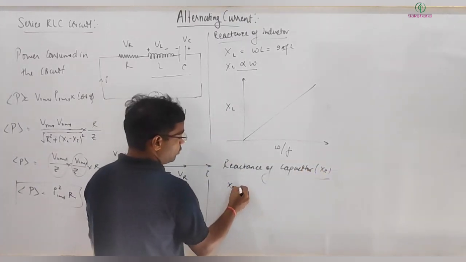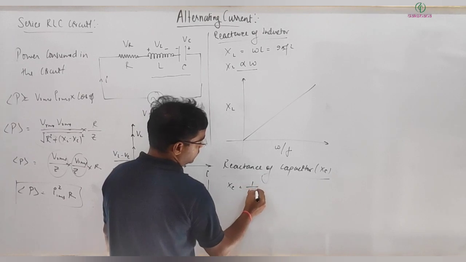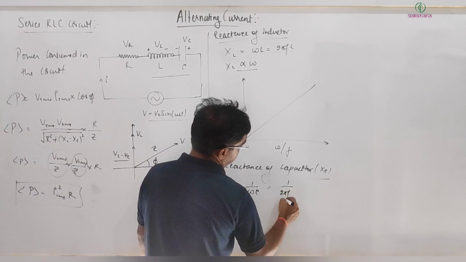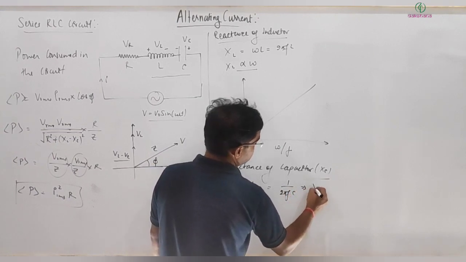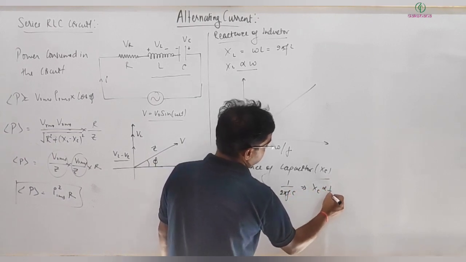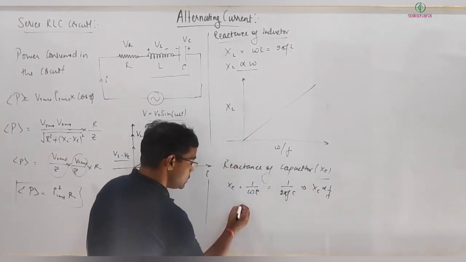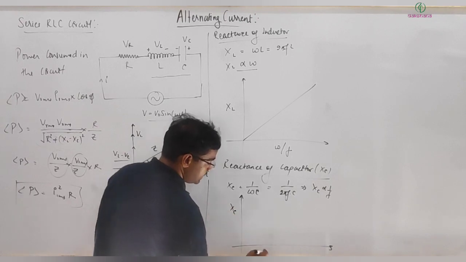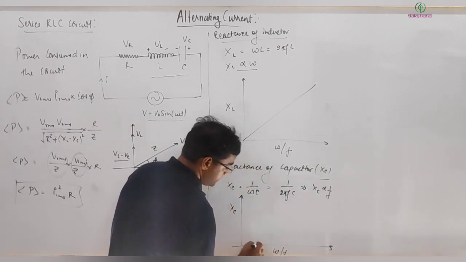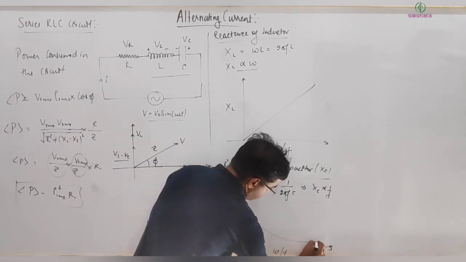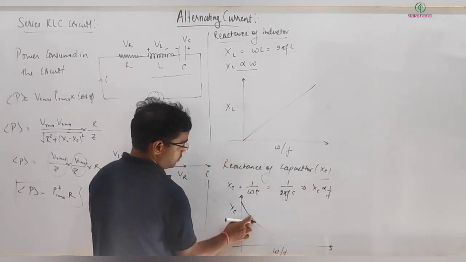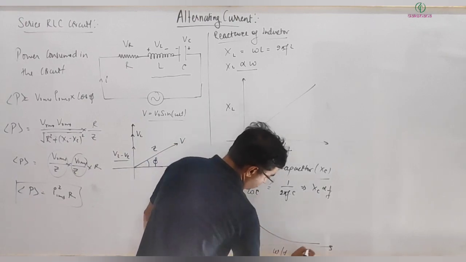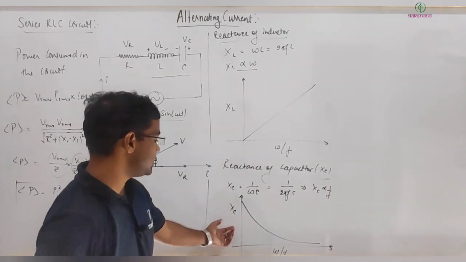So XC is equal to what? 1 by omega into C, or you can write 1 by 2 pi f into C. This implies XC is inversely proportional to frequency or omega. So if I plot this graph, XC versus omega or frequency, the graph looks like this. Clear? So here it's inversely proportional.